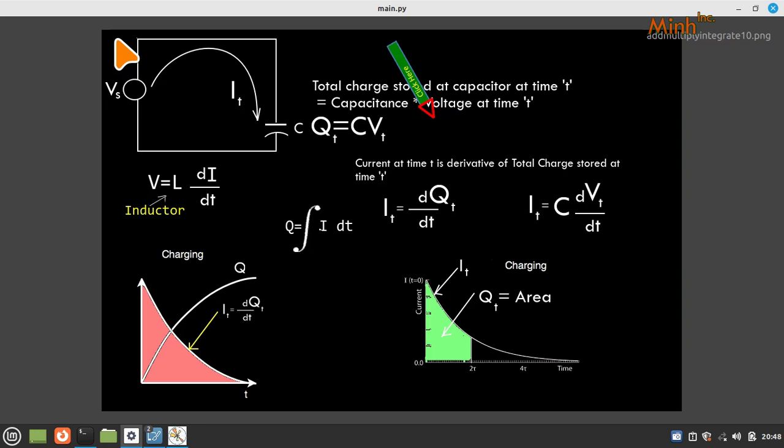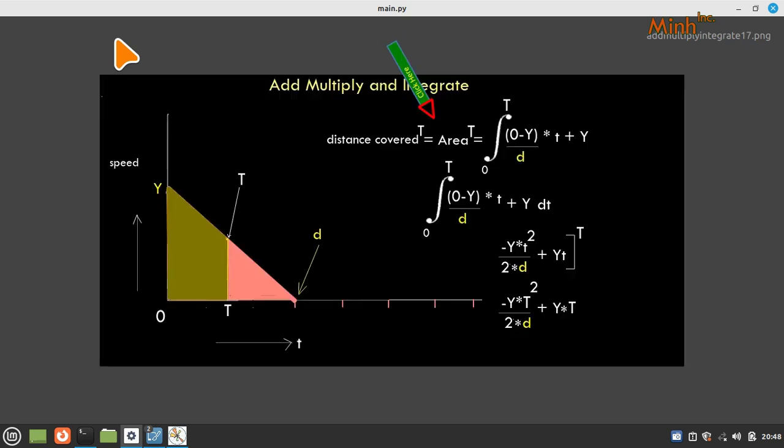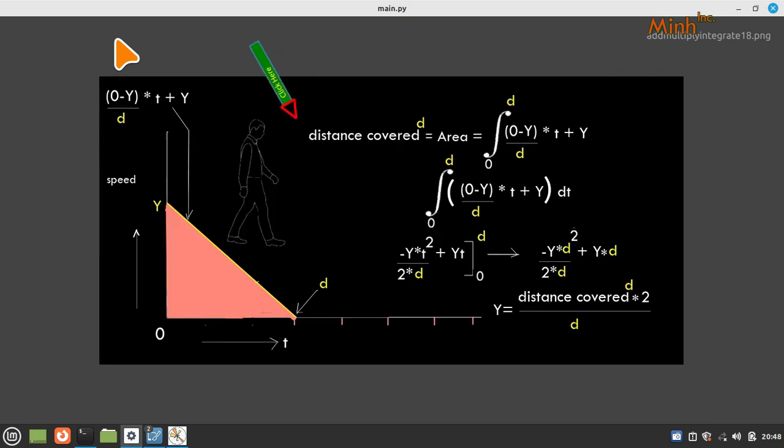Okay, then in the first experiment, what we saw was a person moving, starting from a speed and decelerating constantly until reaching 0.